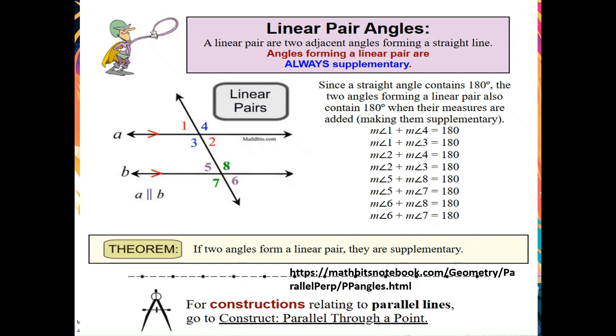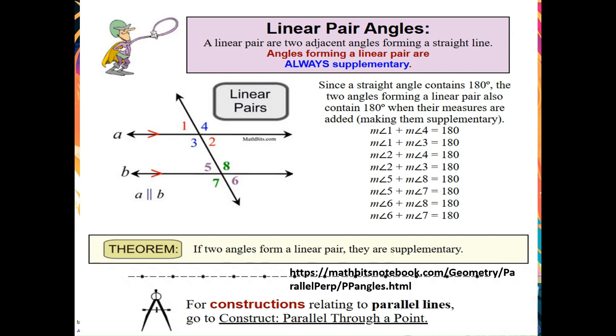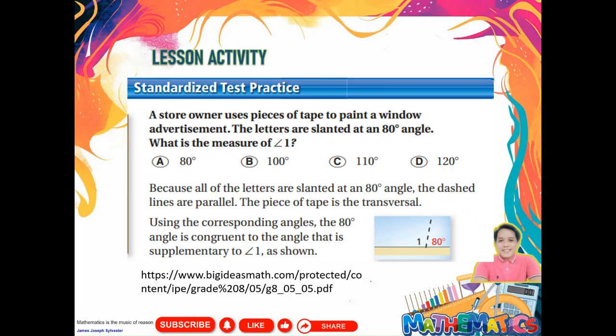We have angle 4 and angle 2, angle 8 and angle 6, angle 1 and angle 3, angle 5 and angle 7. Their measurement is 180 degrees. If two angles form a linear pair, they are supplementary, and the measures of the two angles add up to 180 degrees.